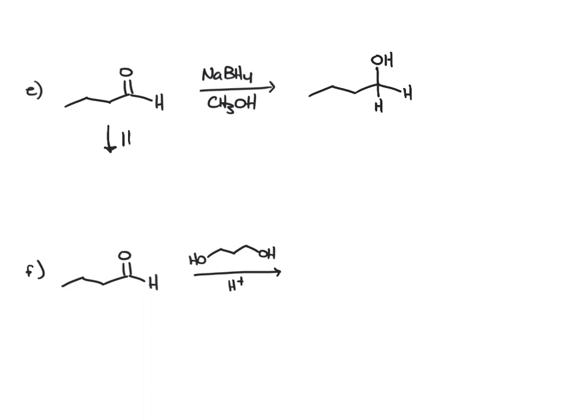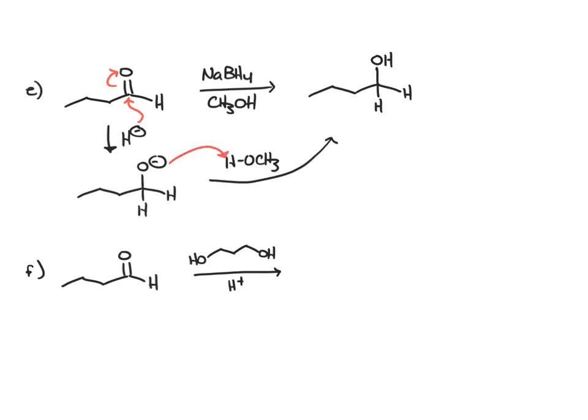Mechanistically, the way you can think about this is just a hydride source adding to the carbonyl. There's O minus. And then in the presence of methanol, we can protonate the oxygen.